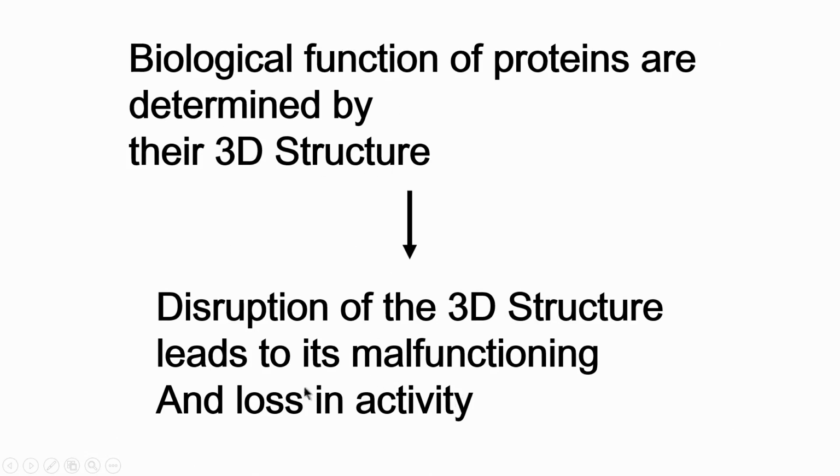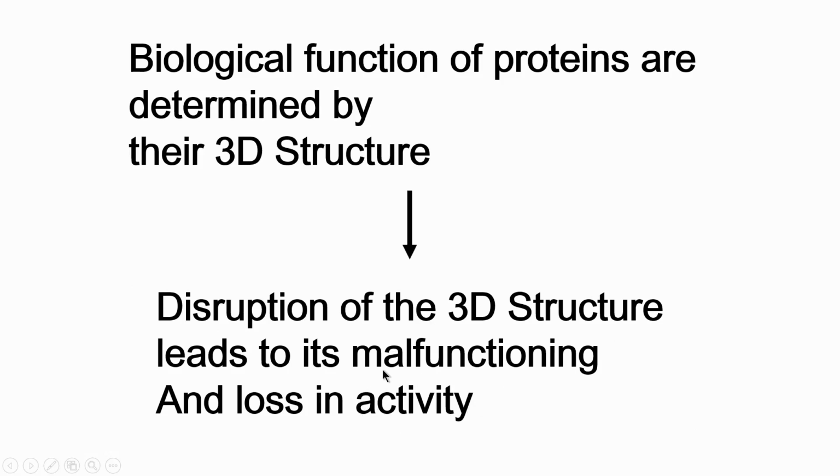That is called loss in activity, and this results in various problems in the cell or in the overall organism. For example, in Alzheimer's disease, you have a protein which does not properly form the 3D structure, it gets misfolded and starts forming amyloid fibrils, and those fibrils can lead to plaques in the brain which cause the problem.